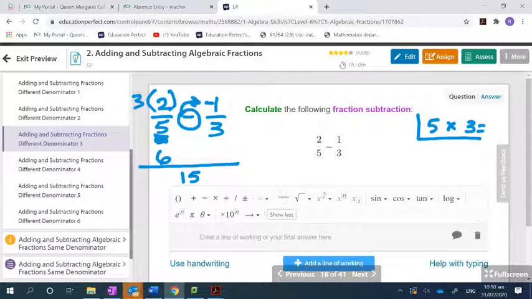Now let's do the second one. 15 divided by what? 3 gives me what? 5, which I multiply times the numerator of minus 1. So 5 times negative 1 is negative 5. Then what? You do the math. 6 minus 5 is 1.